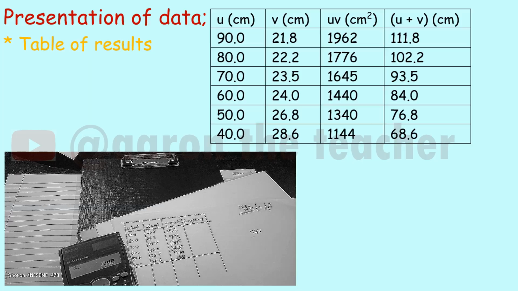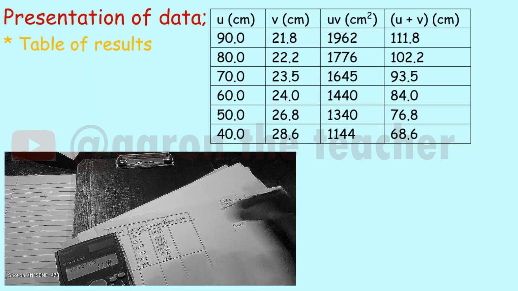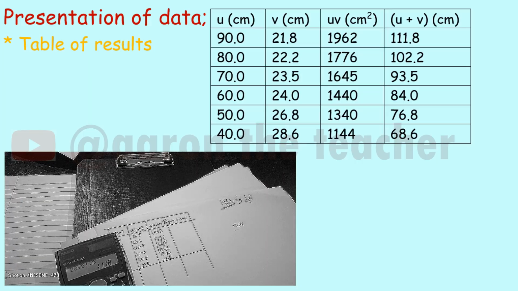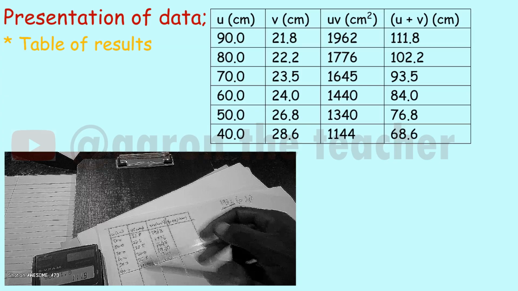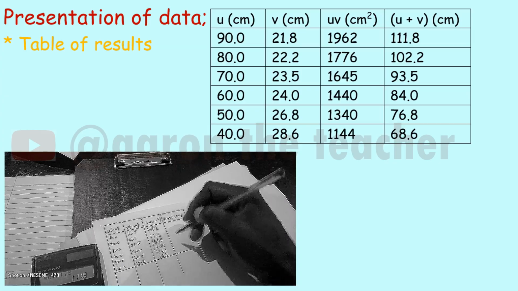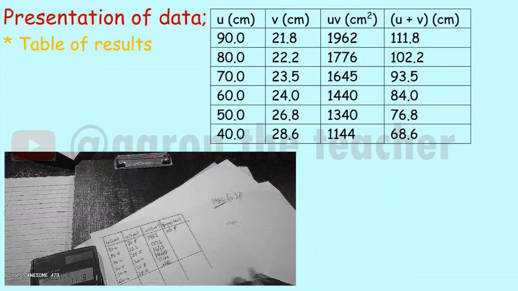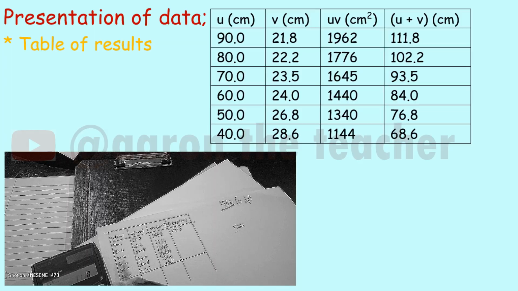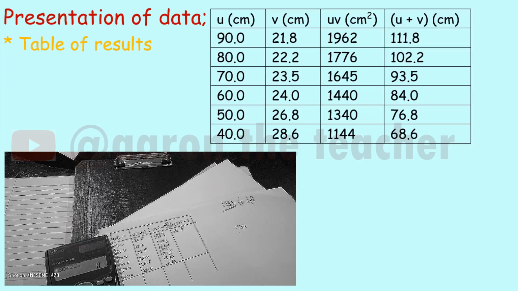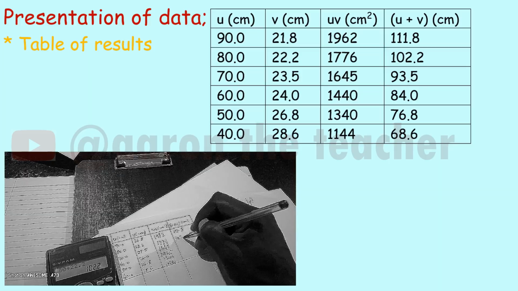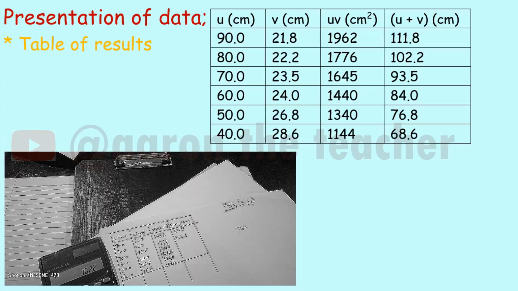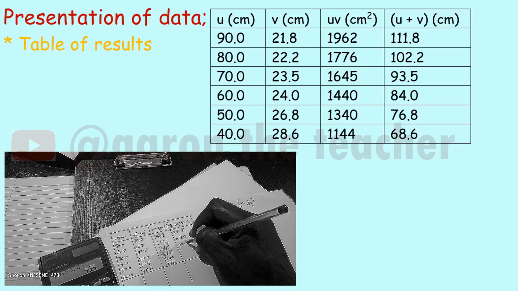Then U plus V, I'm just adding 90 plus 21.8 to give 111.8. Now likewise to this one, we are going to consider the number of decimal places. When you look through, all of them are having 1 decimal place, meaning our answers are going to be to 1 decimal place. So 80 plus 22.2 to give us 102.2, 70 plus 23.5 to give 93.5.